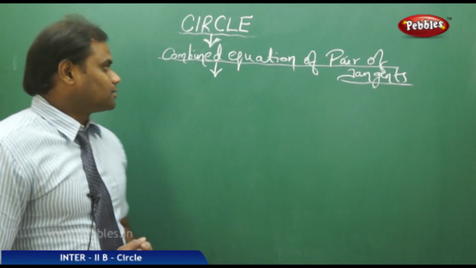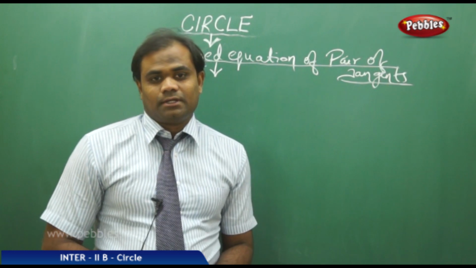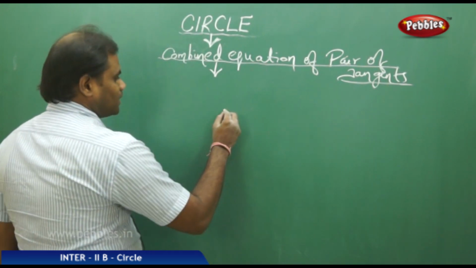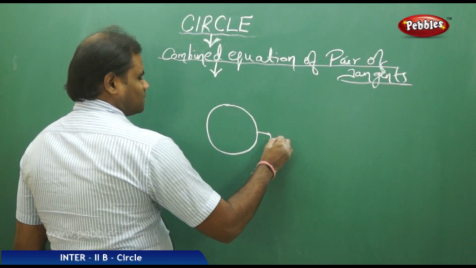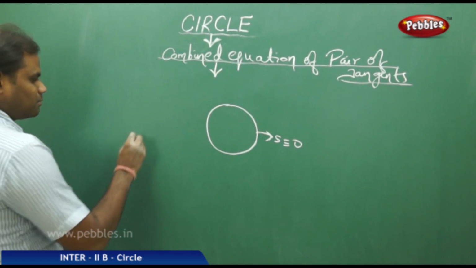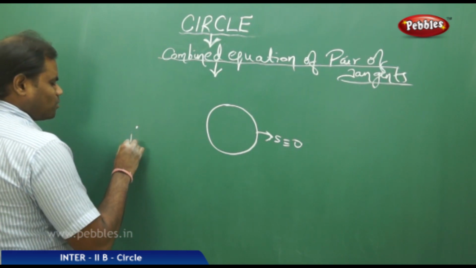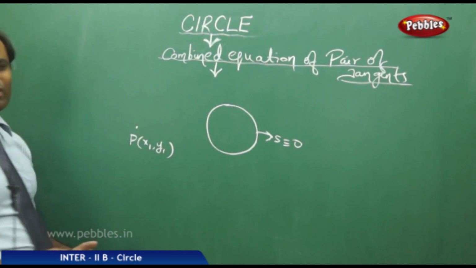Now let's take the concept of the combined equation of a pair of tangents. Say for example, I have a circle S equals 0. And for this circle, let me say P is an external point outside the circle with coordinates x1, y1.